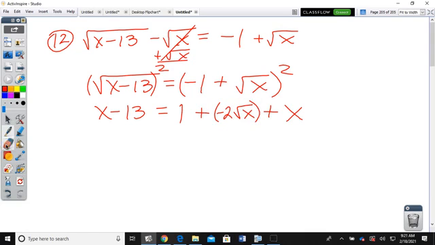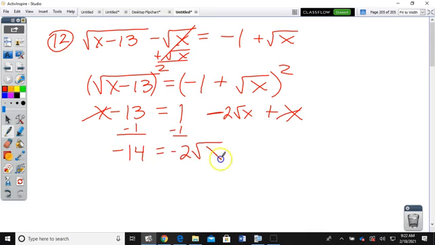So really I don't need that plus sign. I just need to put minus. All right. What happens to my x's? They cancel. They go bye-bye. Move my 1 over. -14 equals -2 square root of x.